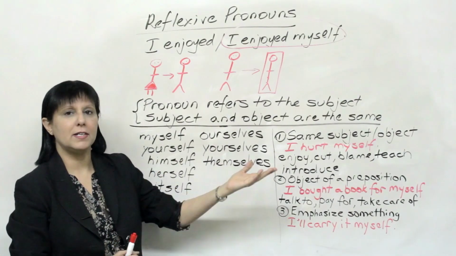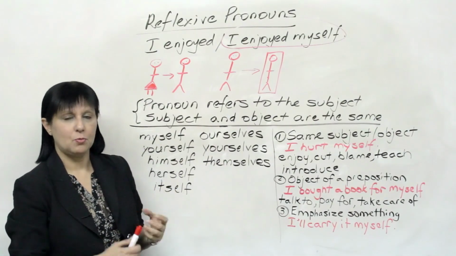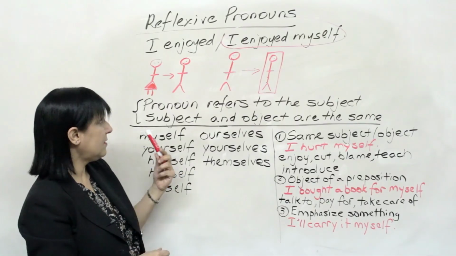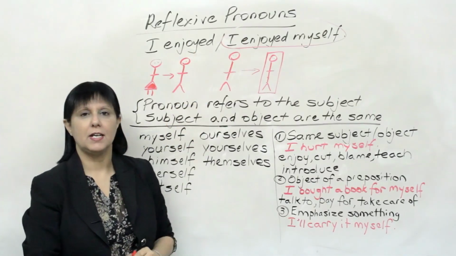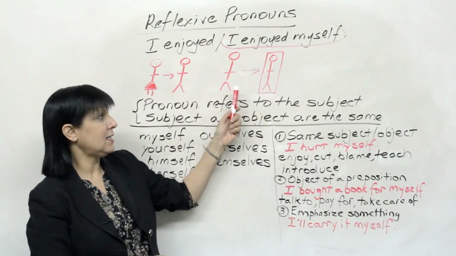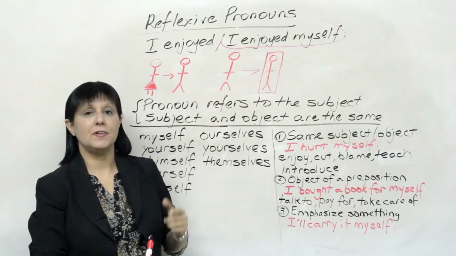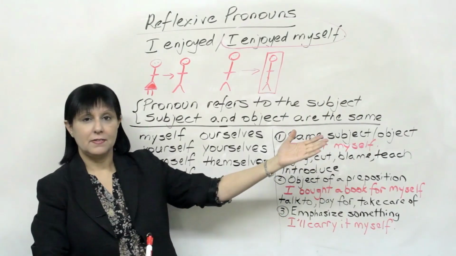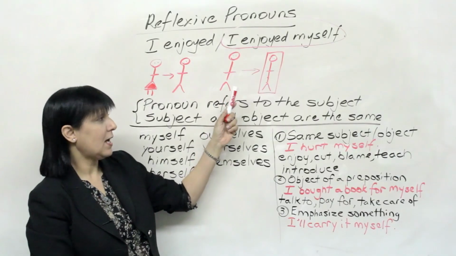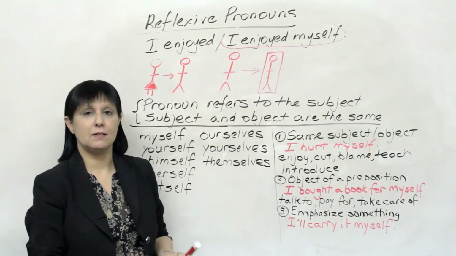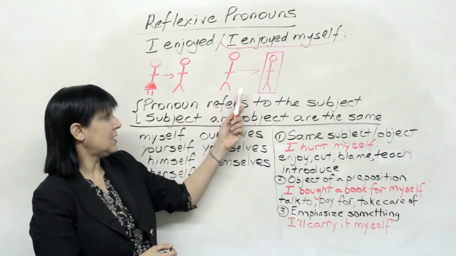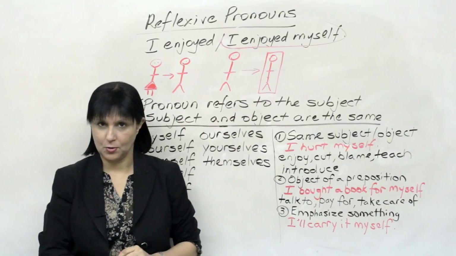So when we're talking about the same person, when the action is being done to the same person, then we need to use a reflexive pronoun. So here we would say, not he is looking at him, because if I said he is looking at him, the him has to be someone else. But here, he's looking at himself in the mirror. I'm looking at myself in the mirror. He's looking at himself. Okay?